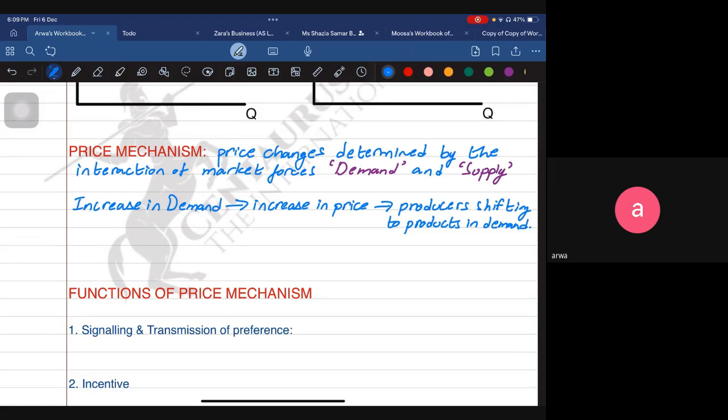Okay, if we consider when COVID hit, in COVID the demand for sanitizers and masks increased a lot, due to which there was an increase in the price.